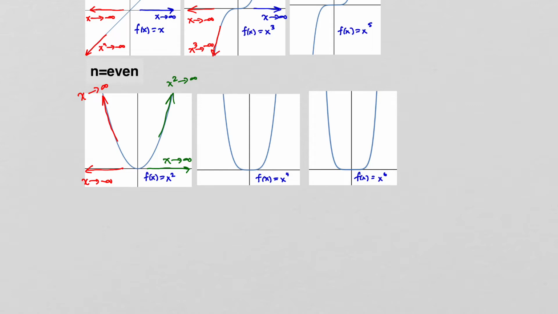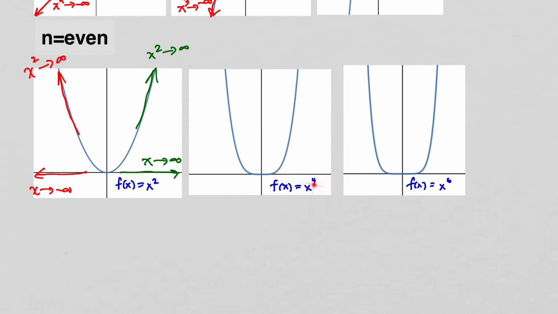Now, why does that happen? It's very simple. When you plug in a large negative number and you square it, the squaring makes it positive, right? And that also happens when you raise it to a fourth power or a sixth power. Because if you just take a number like negative 100, when you square it, you get positive 10,000.